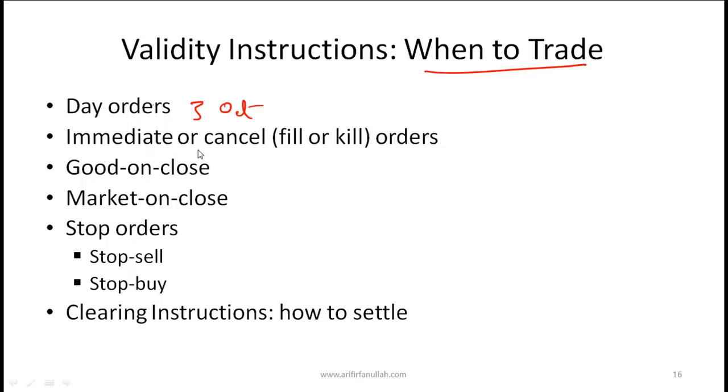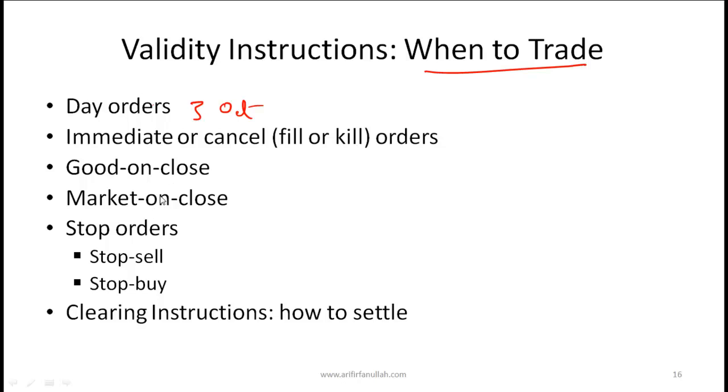An immediate or cancel order, also called a fill or kill order, means that the order should either be filled immediately. If not, then the order is cancelled. A good on close order means that the order should only be filled at the close of trading.